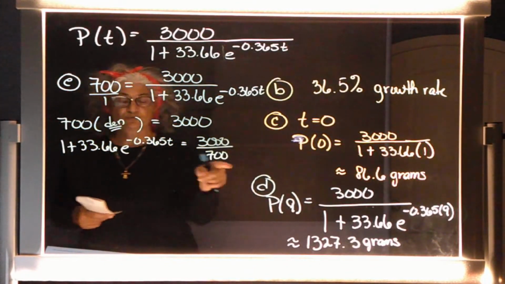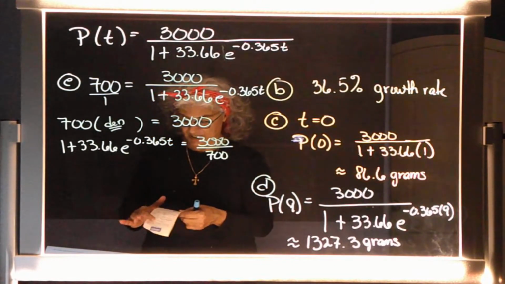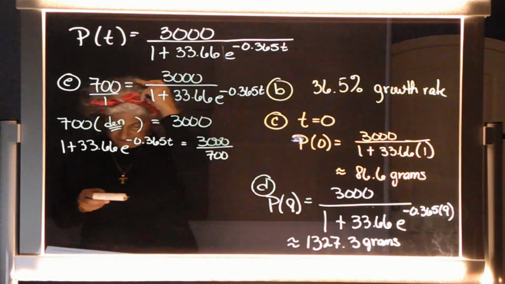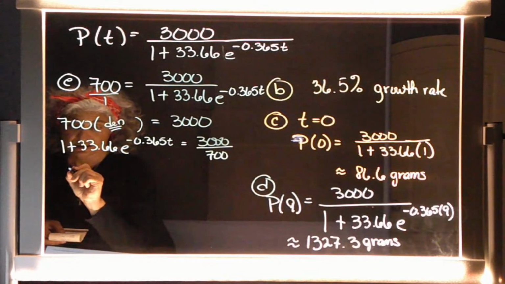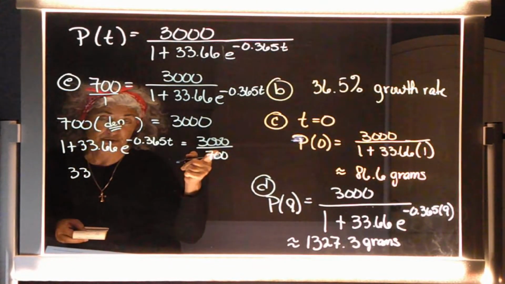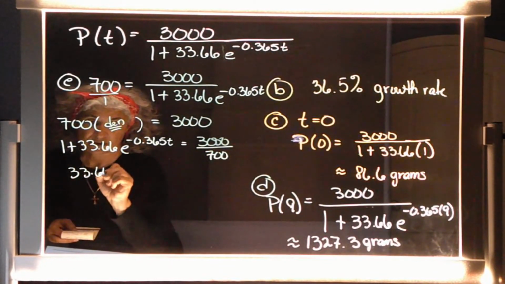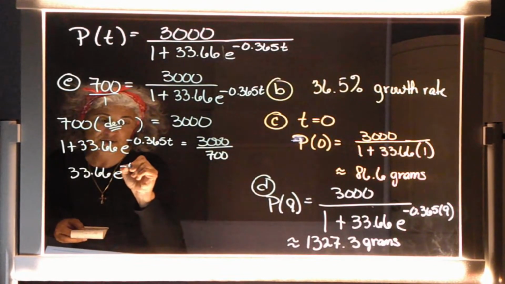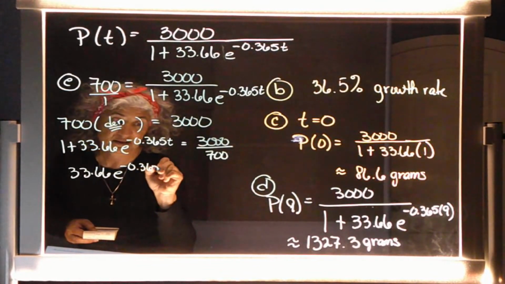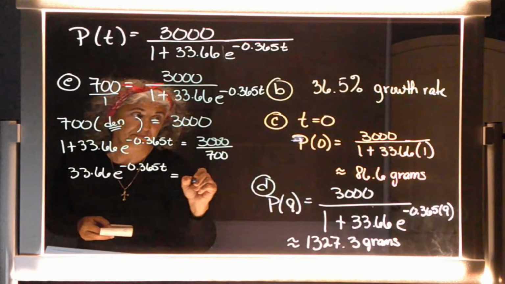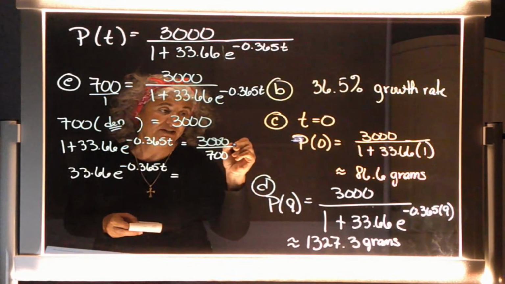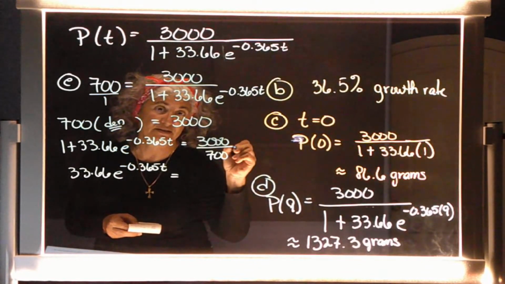I'm going to subtract the 1 from both sides. And when I did that, and yes, I reduced this fraction as well. Okay? And no, I'm not going to give you a decimal, because I need things to be exact. So this fraction is 30 over 7, isn't it?